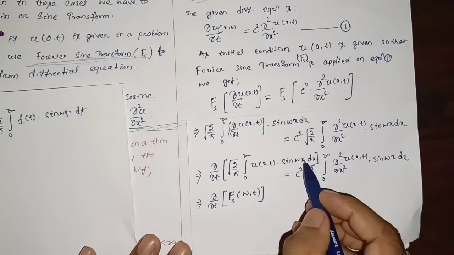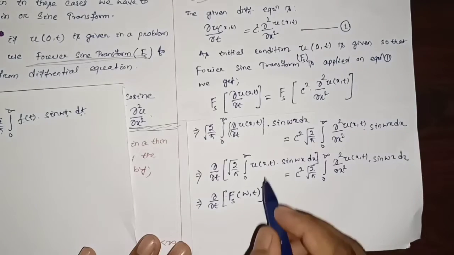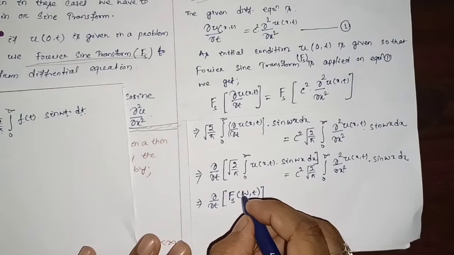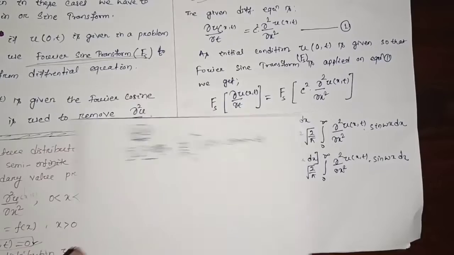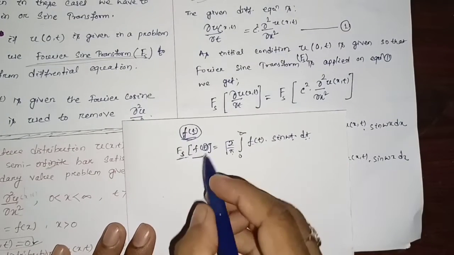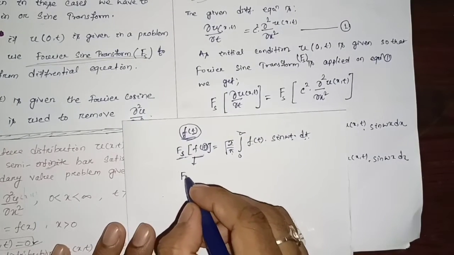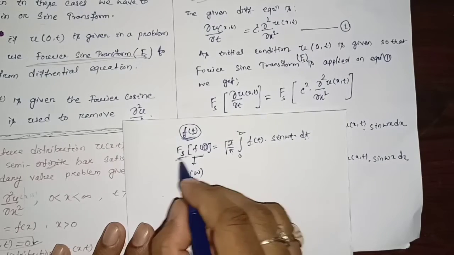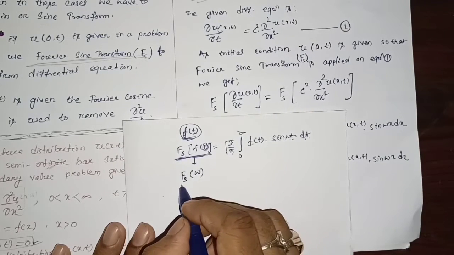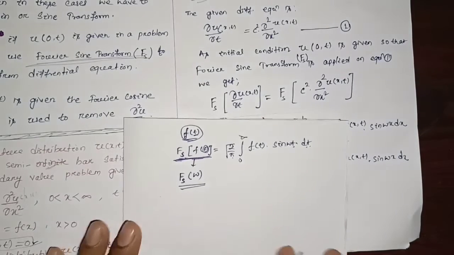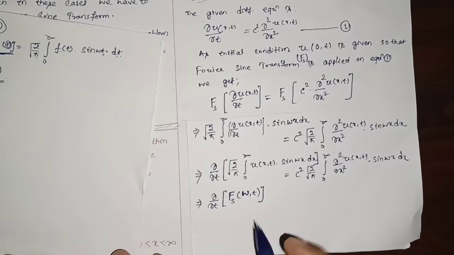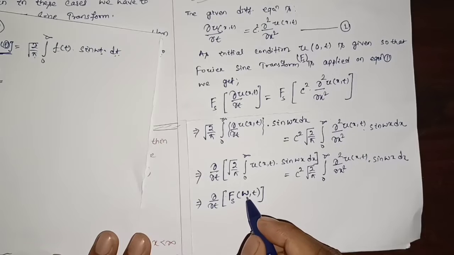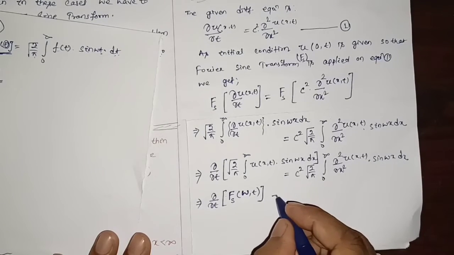So whichever variable it is applied on, that variable will be replaced by omega, because we know that Fourier transform of f(t) will be written as capital F subscript s(omega). So similarly here it will be capital Fs(omega, t).